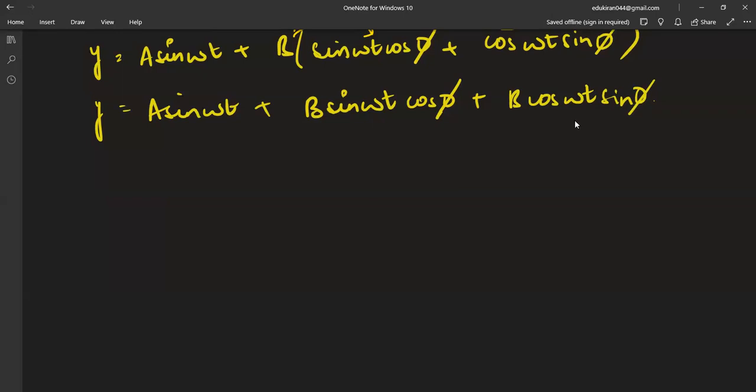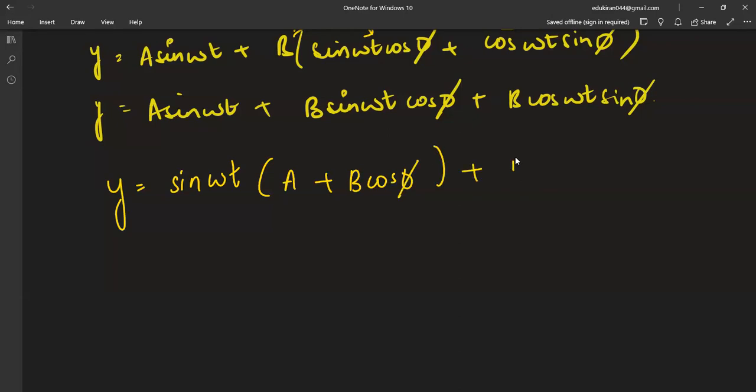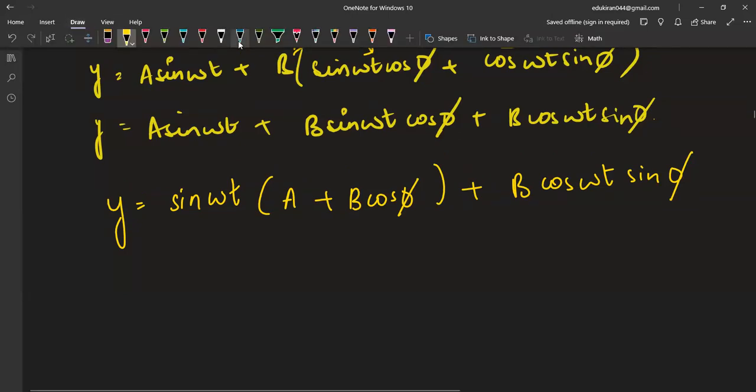Now, class, one thing. If we take something common from here, see sine omega t is present here, sine omega t is present here. So I can take sine omega t common, correct? So I can write this as sine omega t. What am I left with? a plus b cos phi. Correct. And what am I left with here? b cos omega t sine phi. Now class, look. Let me rearrange this.